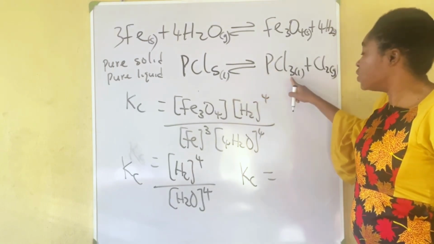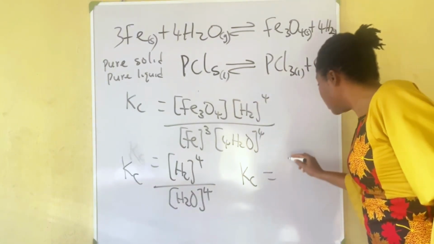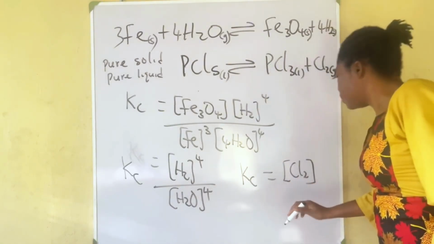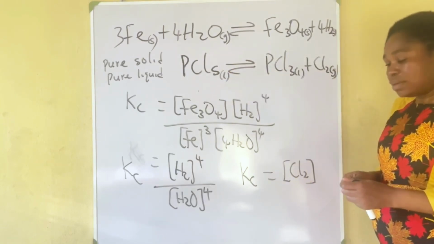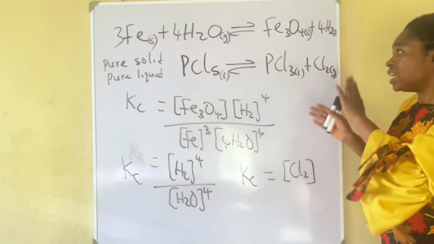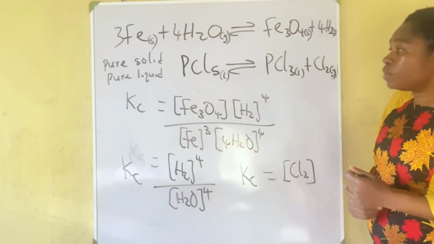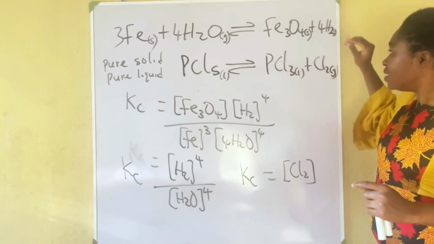So the value is going to be taken as 1. The only thing I will apply there is chlorine gas. So in case you come across a heterogeneous reaction that eventually leads to equilibrium, the solid doesn't have to be there. If you put it there, it is wrong.